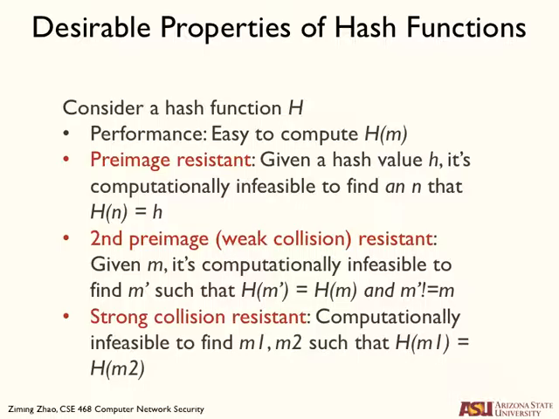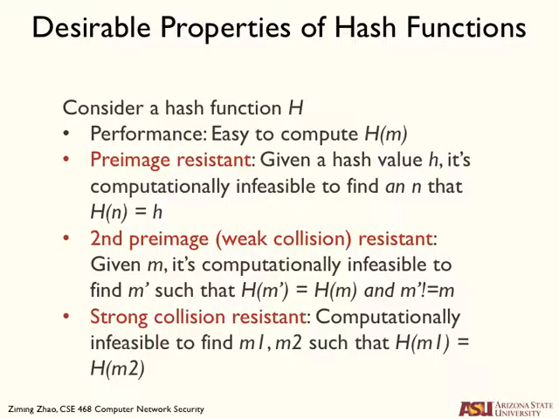Like a symmetric key crypto system. The second property is called pre-image resistance. Pre-image is actually a mathematical concept, so you don't have to remember that, and later I will show you some examples to better understand this. Basically it means given a hash value, it is computationally infeasible to find a message whose hash value is this.